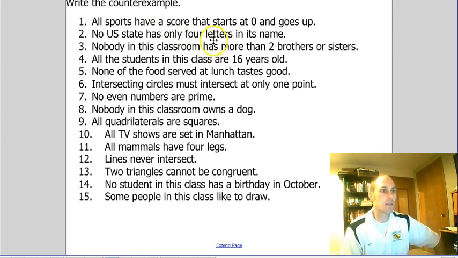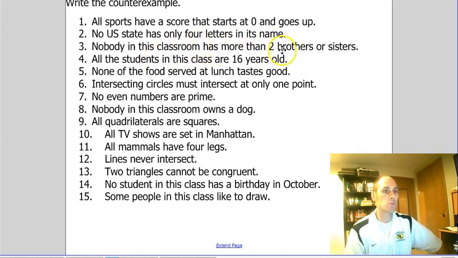If you're like me, then your score does go up, but some people make their score go down. 2, no U.S. state has only 4 letters in its name. Well, here's a couple counterexamples. Ohio, Iowa. I can't think of any others off the top of my head, but all we need is one.